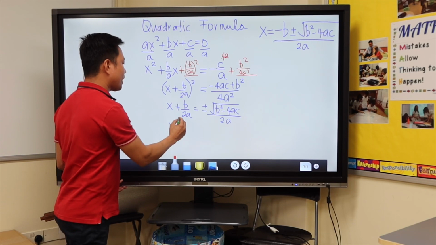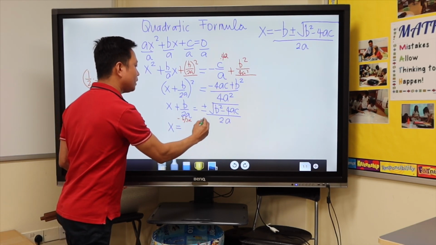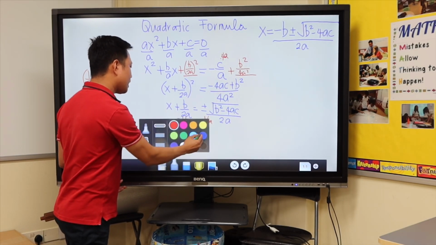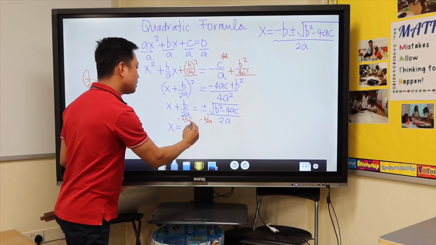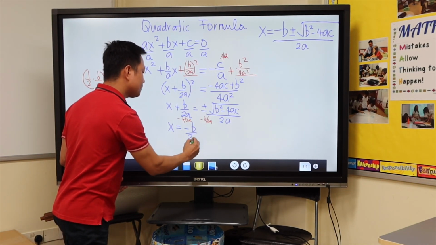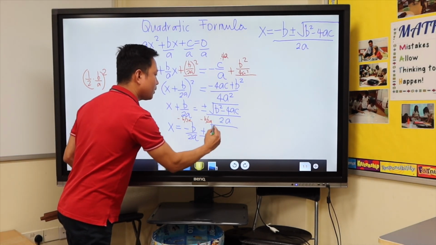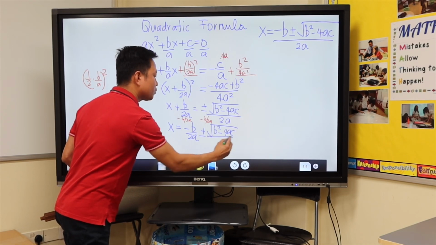And when we subtract negative b over 2a from both sides of the equation, this can be simplified as x is equal to negative b over 2a plus or minus the square root of b squared minus 4ac divided by 2a.